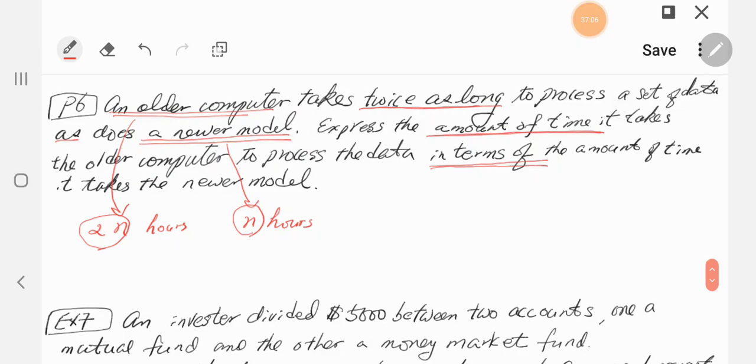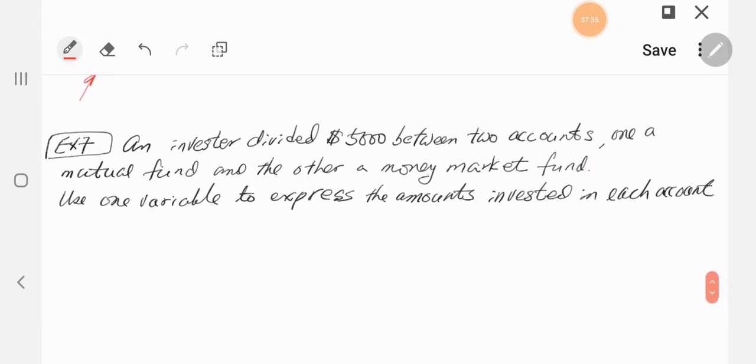The answer is 2n, because the newer computer takes n hours and the older model takes twice as long as this.